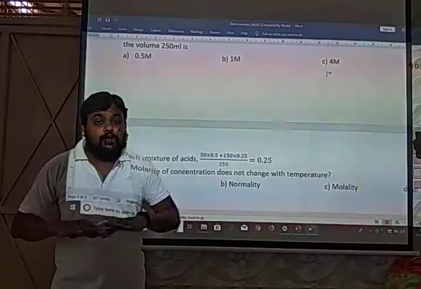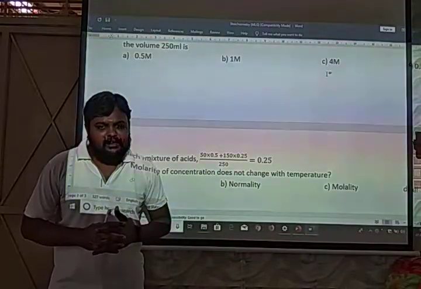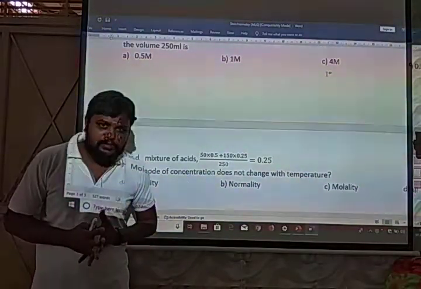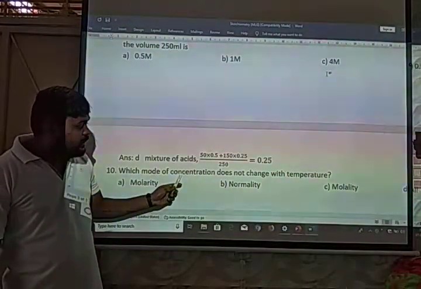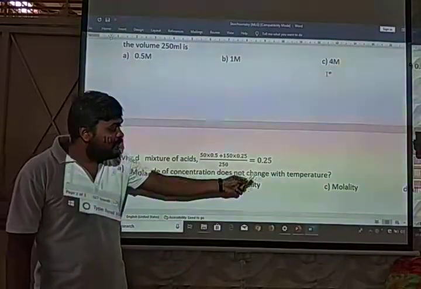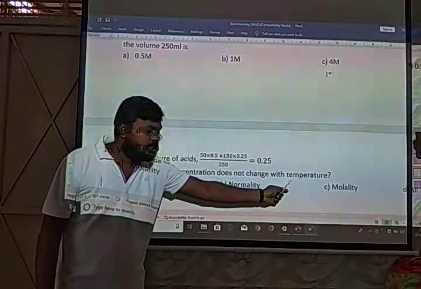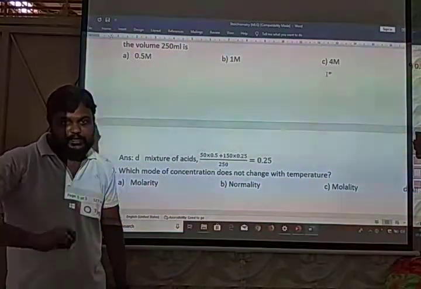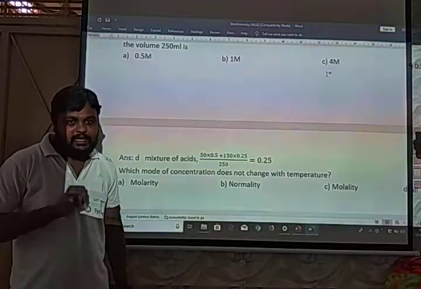Where volume is not present, they are temperature independent. We already discussed these things many times in the solution chapter itself. So here it is asking for the concentration technique which does not change with temperature, meaning it is temperature independent.